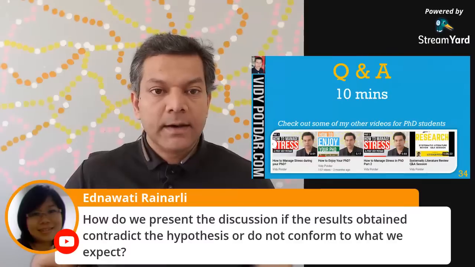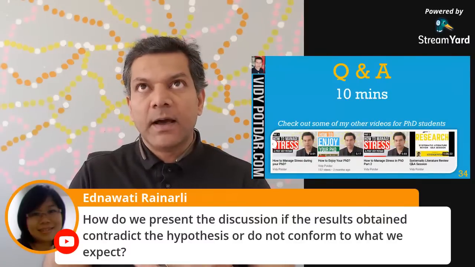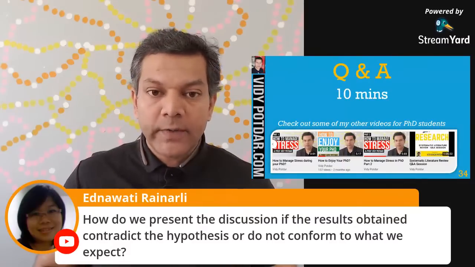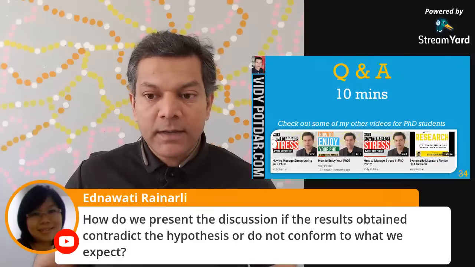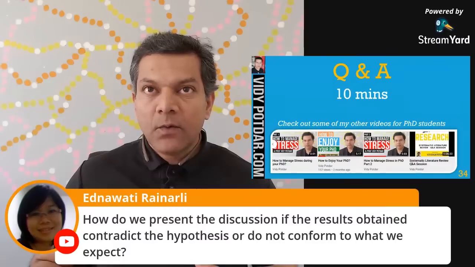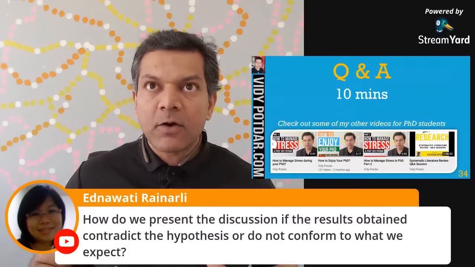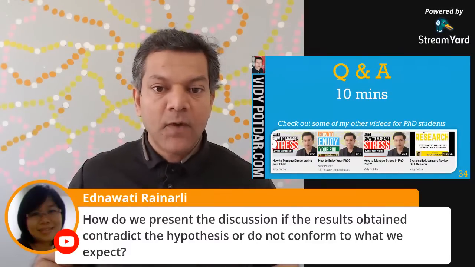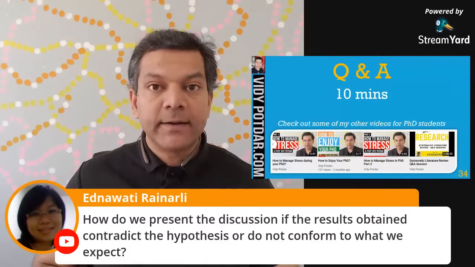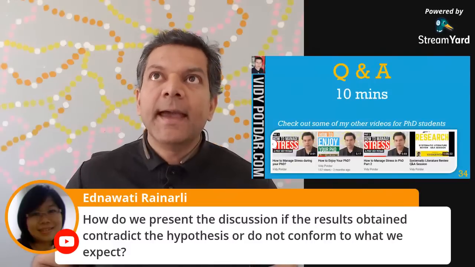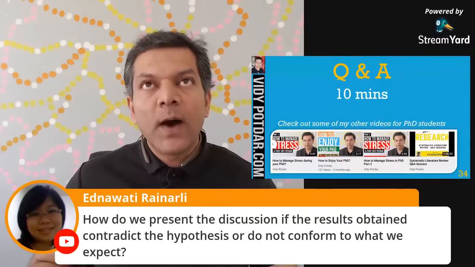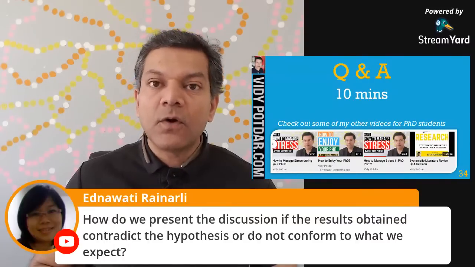If the results that you get are not what you expected to get, what you need to include in your discussion is firstly giving a background of why you think this happened, why your hypothesis was contradictory to what you had thought, and then give a thought to that finding as to why you would have got that result.